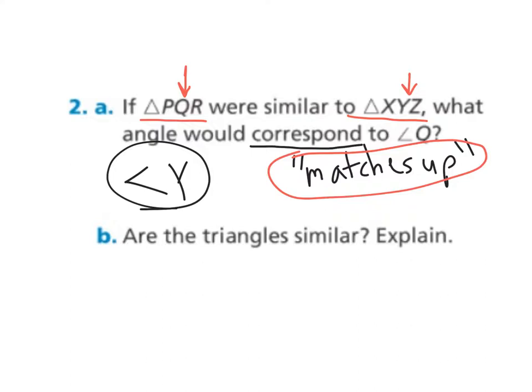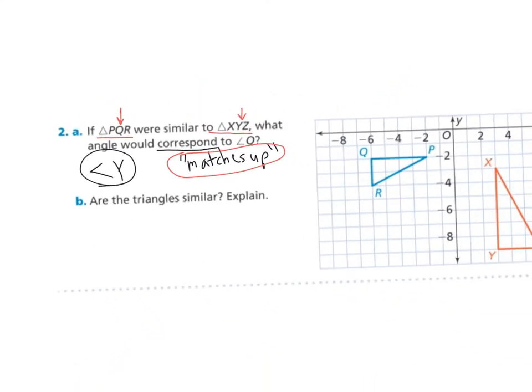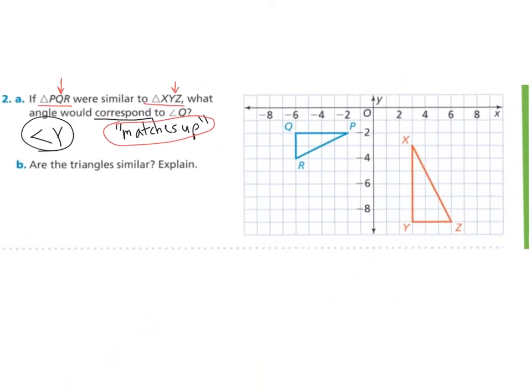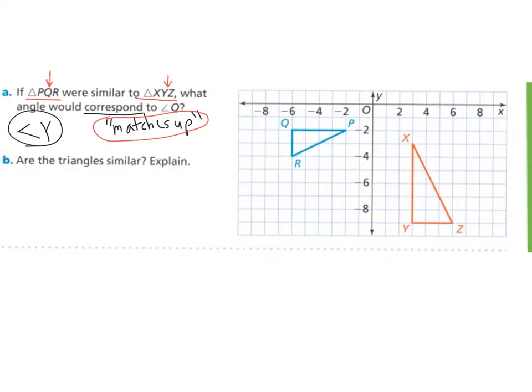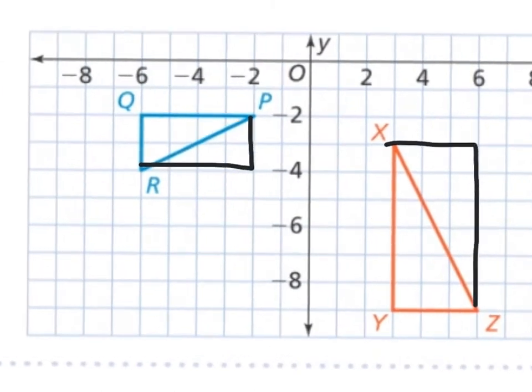Okay, and then part B, they're asking if the triangles are similar. Well, we can look at this with our triangles, and we can make rectangles out of them. Actually, we wouldn't have to do that on this one because we already had two sides that are just straight sides.